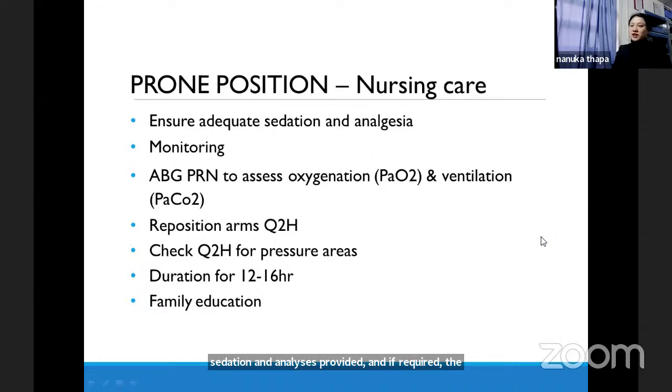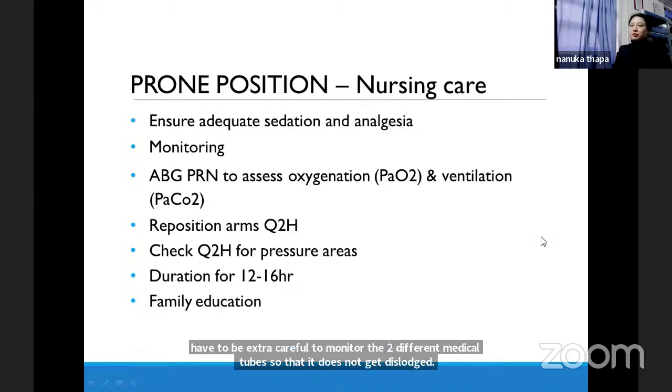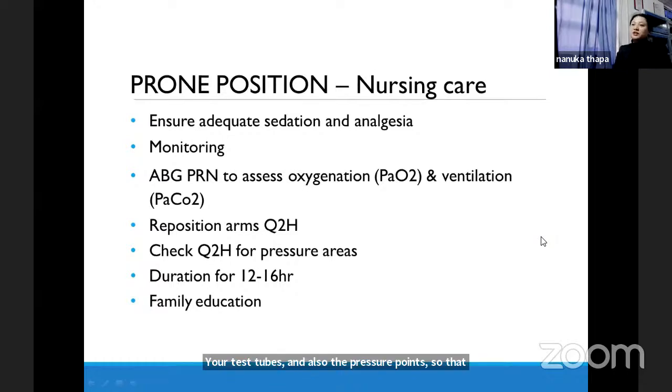Usual monitoring as in the supine position, plus you have to be extra careful to monitor the different medical tubings, like the endotracheal tube, so that it does not get dislodged, your chest tubings, and also the pressure points, so that the patient does not develop pressure ulcers.